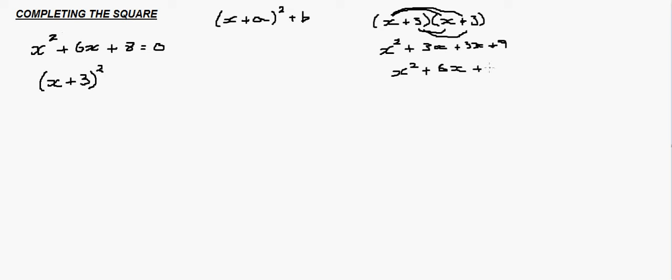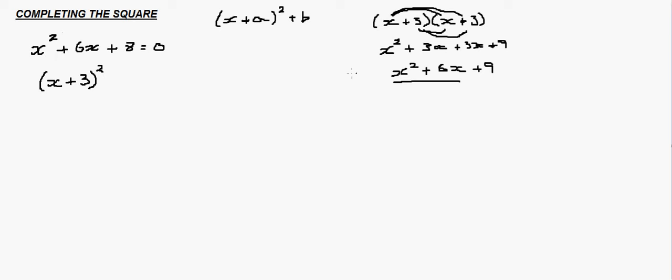Now if I simplify this, I get x squared plus 3x plus 3x is 6x, plus the 9. Now you'll see that the x squared plus 6x happens. It will always happen. If this is a minus, you just put the minus in, but it will still give you the first two terms of the equation.